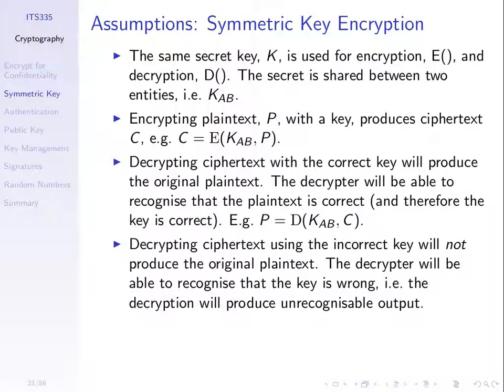We'll get plain text out which doesn't match the original plain text, and I will know that. And therefore I know that the key I used is wrong. So the decryption in practice produces unrecognizable, random looking output, which we know is wrong.